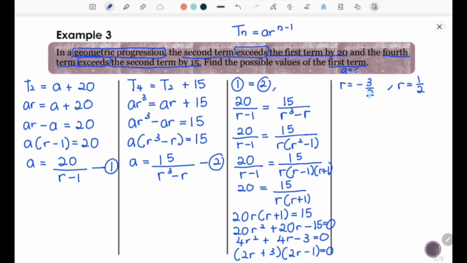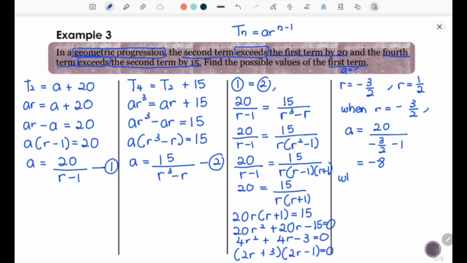So we have two values of r, and we can use these two values of r to be substituted into equation 1 or equation 2 to find the value of a. So I will choose to substitute into equation 1. Okay, when r equal to negative 3 over 2, you substitute into equation 1, we have a equal to 20 divided by negative 3 over 2 minus 1, which is a equal to negative 8.